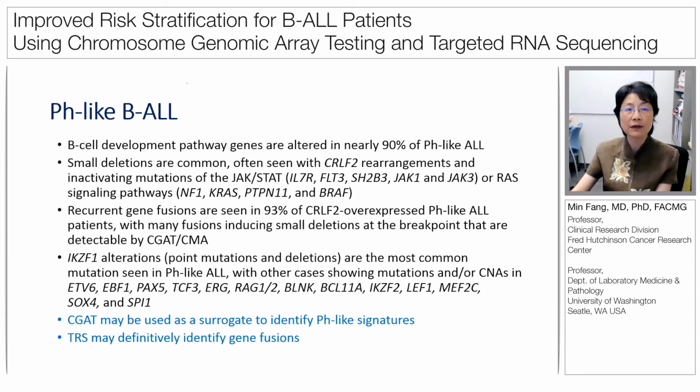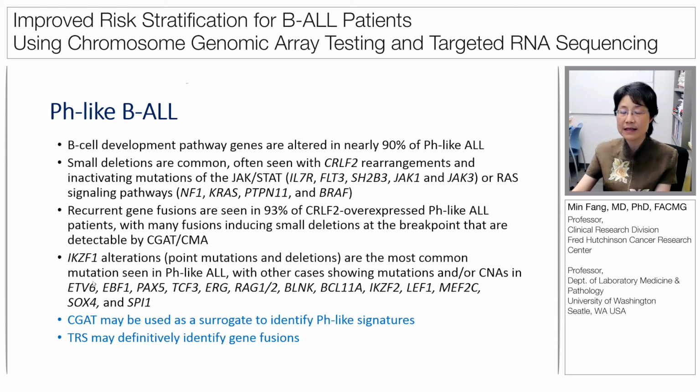And so these small deletions are common and often seen with CRLF2 rearrangements and inactivating mutations of the JAK-STAT or RAS signaling pathways. These recurrent gene fusions, so frequently seen, also induce small deletions at breakpoints that are detectable by array testing.